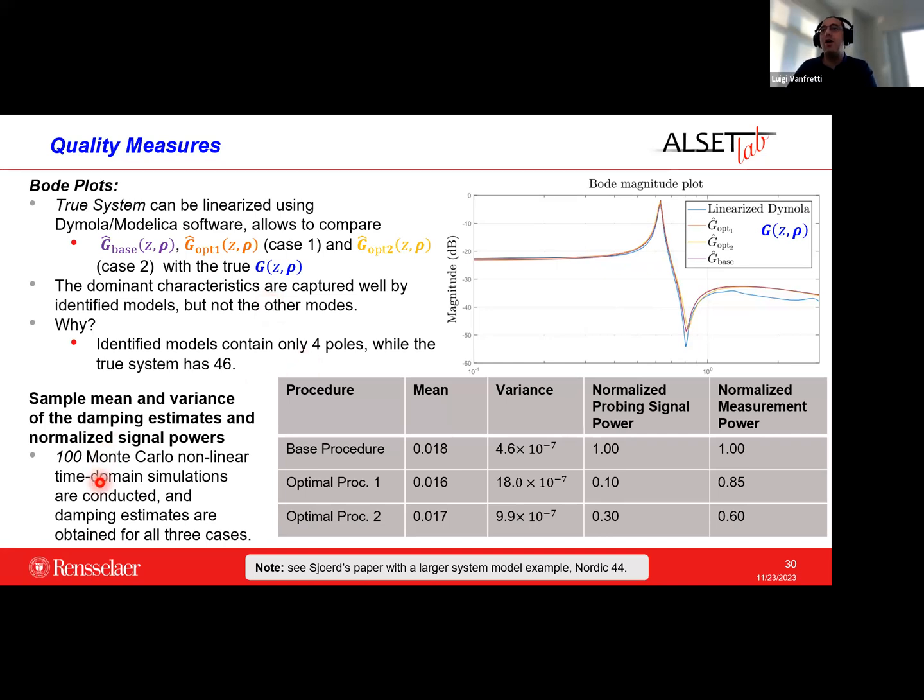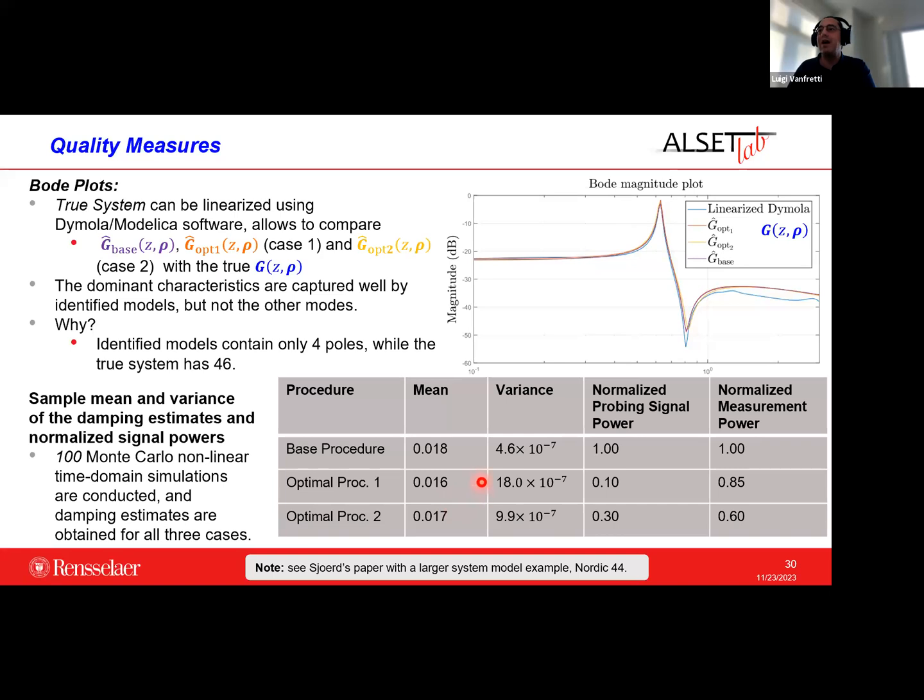And then doing 100 Monte Carlo time domain simulations on the model, applying the signals, we get the variance of the base procedure. It's 4.6 times 10 to the -7. Then we have the first, the DOM, the optimal signal 1 and optimal signal 2. So here you see that we have reduced the variance, which is what we wanted.